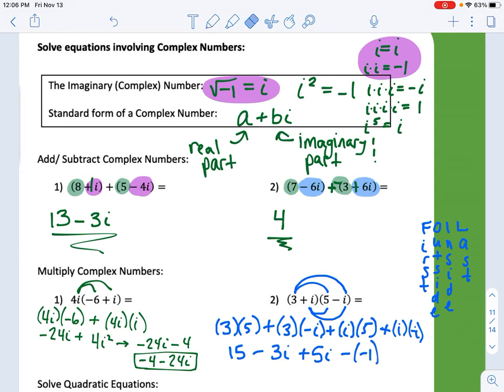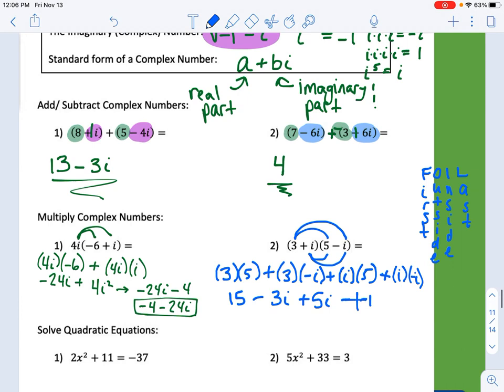So if you see minus a negative, that becomes a positive. So we have 2i plus 16. Okay?